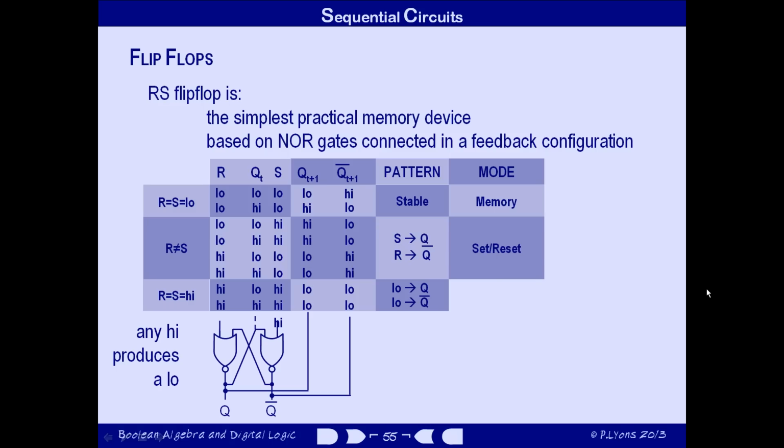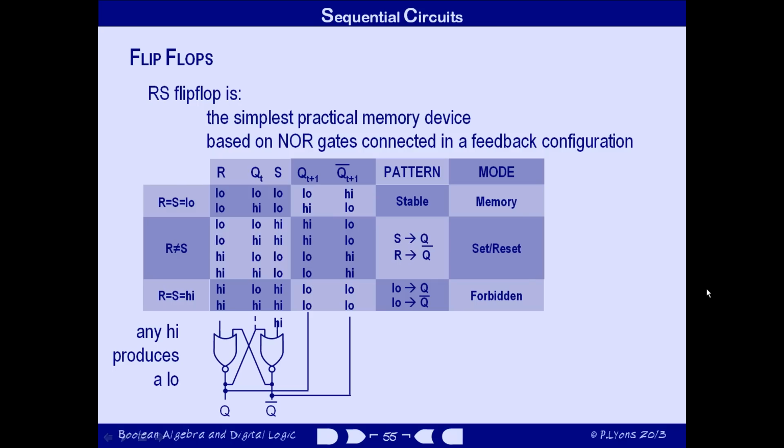We definitely don't want that, because we want Q and not Q to be the opposite of each other. Always. So, since the other input combinations have all the behavior that we want, we say that this input combination is forbidden.